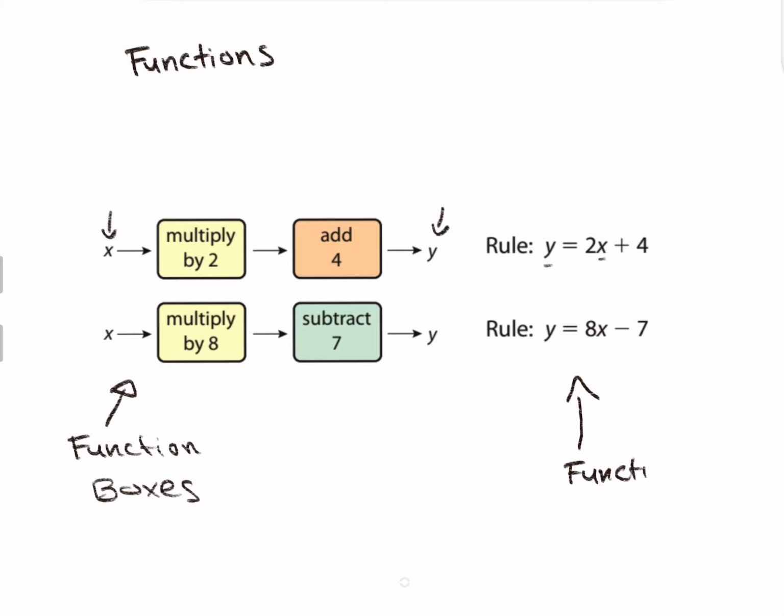Now, x stands for what we call the input, a number we're going to put in. And then y stands for the output. And the output is what we are going to get after we put the input into the function box. So we're putting the number, an input, in here. It's going to go through the function box, and then we will get the output.